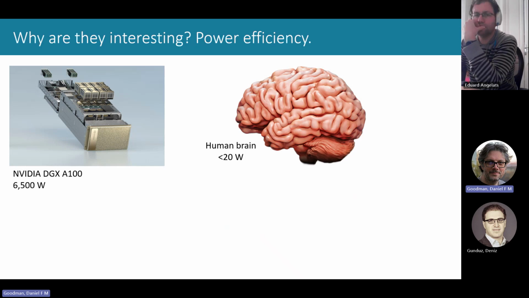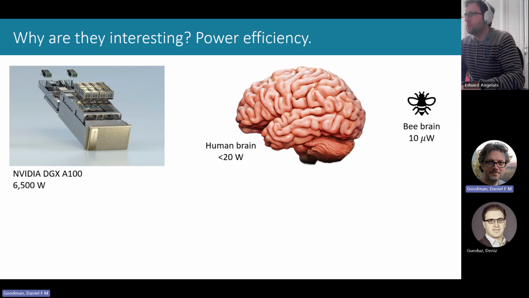I think the latest thinking is that it might be more like 6 watts. Or you can take the brain of a bee, which is 10 microwatts. And it has been claimed that current machine learning is probably more along the capacities of the bee brain than the human brain. I mean, bees can do some really sophisticated stuff. They can recognize stimuli, they can engage in social activities, they can understand what's going on. So we've got 6,500 watts versus 10 microwatts.